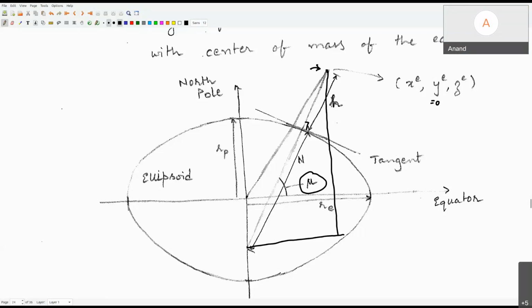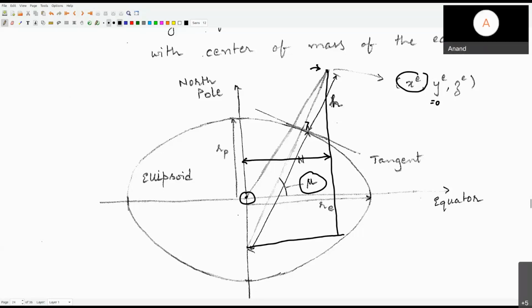So if it is along the Greenwich meridian, then what will be my x_e? x_e is the distance from the center of the earth to this line, correct? Because I have to measure with respect to the center of the earth, right? Yes, sir. Okay. So based on that, can we tell what is x_e in this picture?